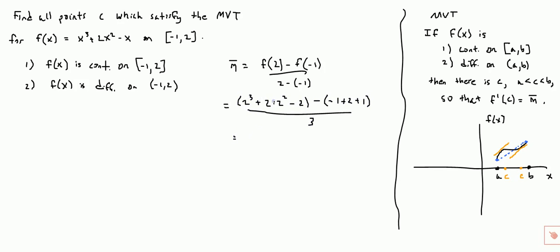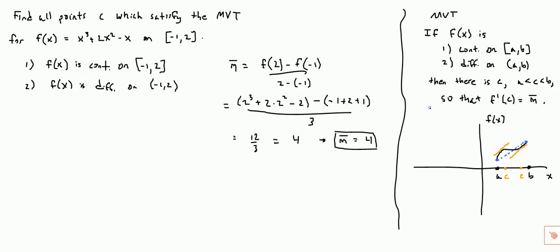That's going to be 8 plus 8 minus 2, so 14, and then minus 2, so that's 12 over 3, and that's 4. So M bar, the average slope of f on this interval, is equal to 4. We're going to have to use this later.